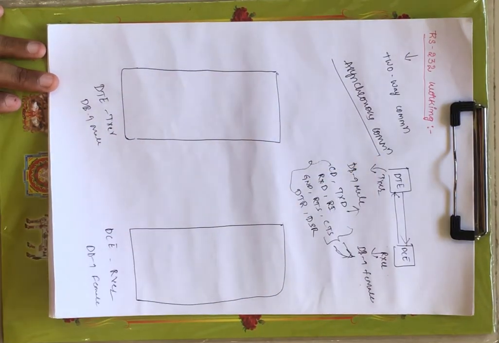We have seen that before, right? Now this RS232 supports serial communication. Under serial communication we have two different types: one is synchronous and another one is asynchronous communication. RS232 works on serial asynchronous communication, right?